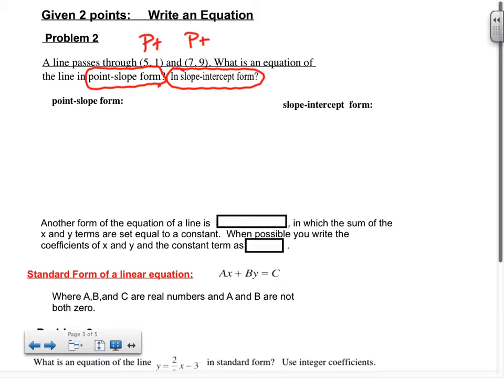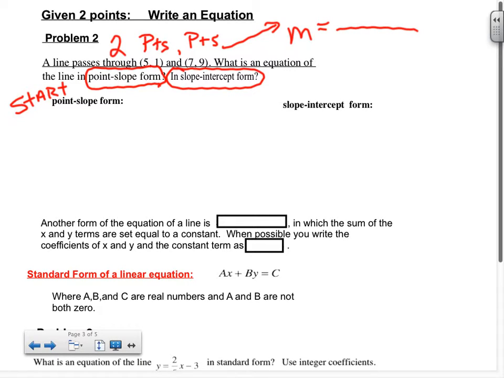Well, this is where you start. We always start with point slope form. So if you start here, you need a point and a slope, and we have 2 points. Well, with 2 points, you can find the slope, and you can find the slope pretty easy.